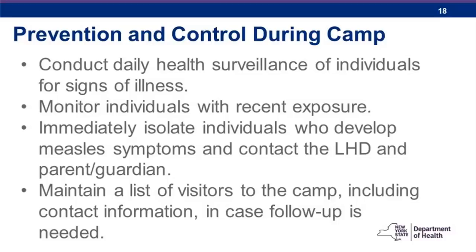And Betsy already highlighted some of the items that we're looking for. A private room with doors that close. We want to make sure that bathrooms are not shared with individuals that are susceptible, that other individuals that are susceptible are not being allowed access to the rooms.